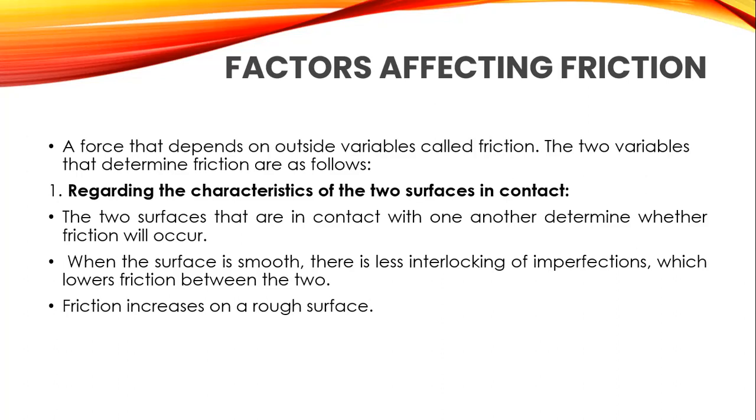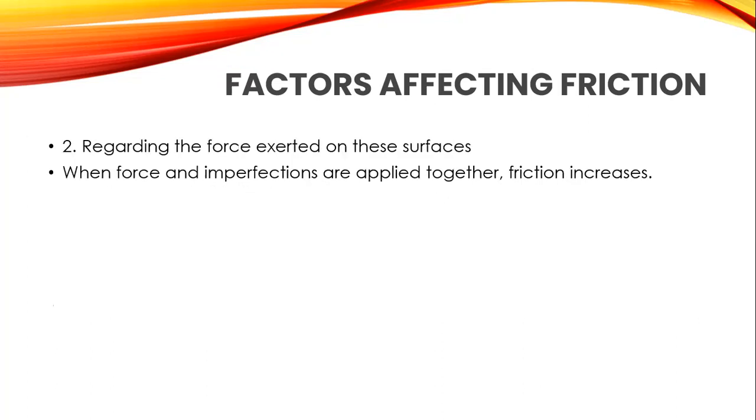Friction is generated due to the imperfections and irregularities present over the surface, the topography of an object. Next is the magnitude of the force, in addition to the surface imperfection. Due to these, friction will tend to occur more or less. These are the two factors which affect friction.